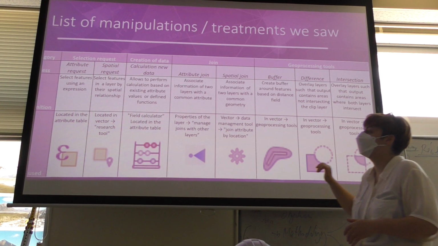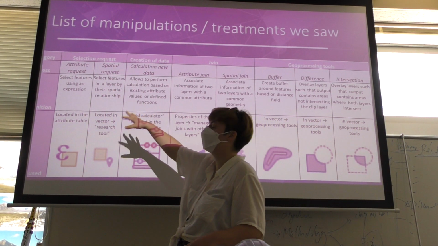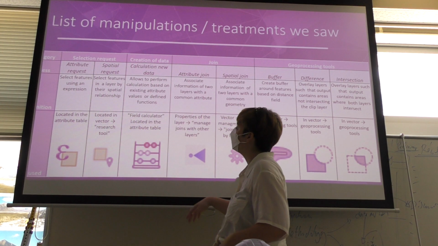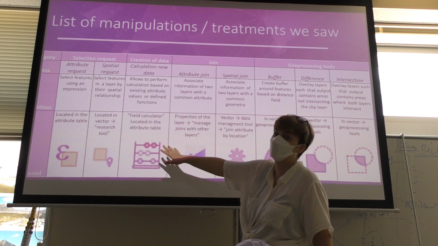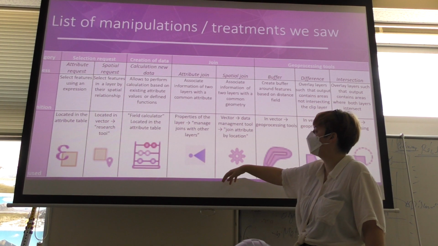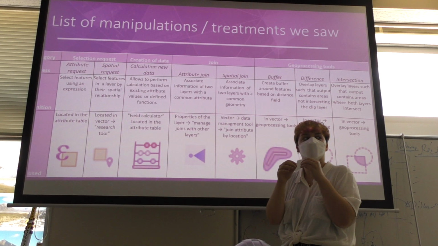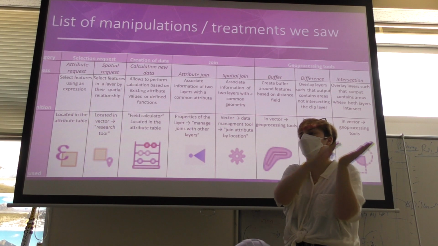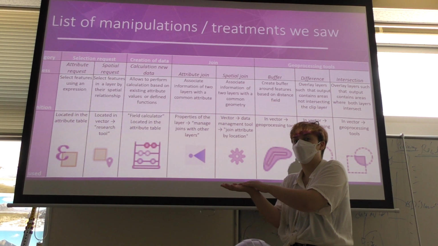If you remember, we talked about the selection request, spatial attribute request, the calculation of new data with the field calculator. We also talked about how to join information, for example, from an Excel document to your layers in QGIS.